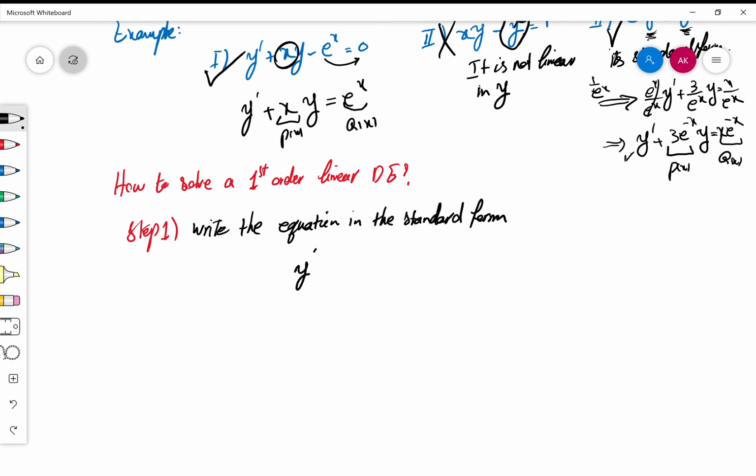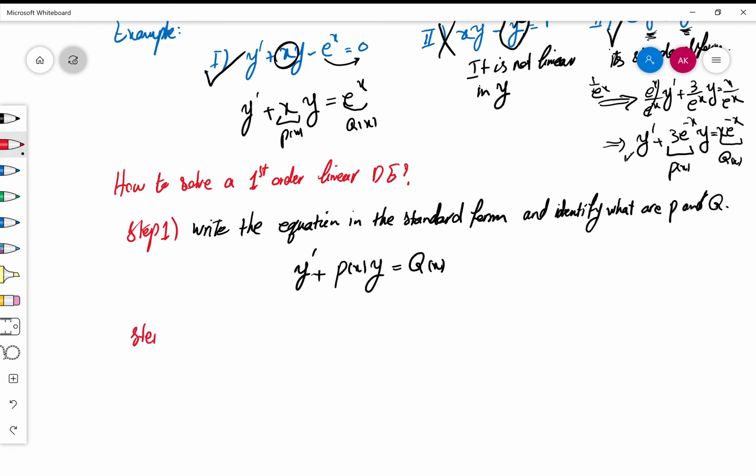Remember, standard form is y prime with coefficient 1 plus a function in x multiplied by y equals a function in x. When you write it in the standard form, basically you identify what p(x) and q(x) are. That's the first step. Just set everything up in this nice form.